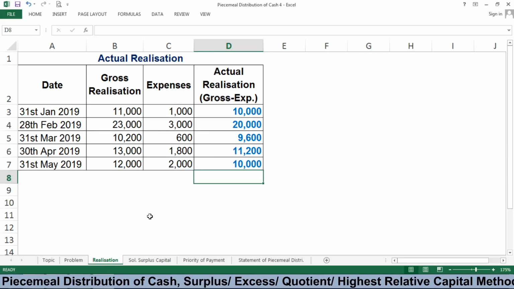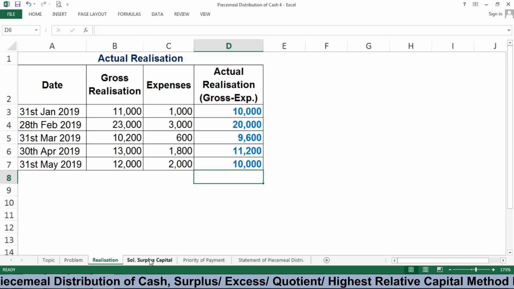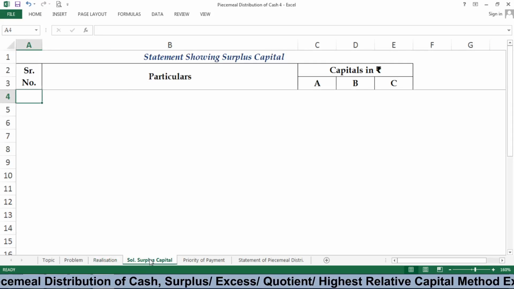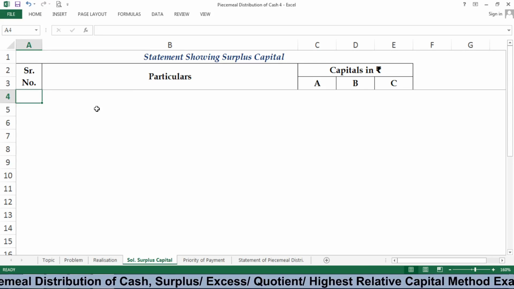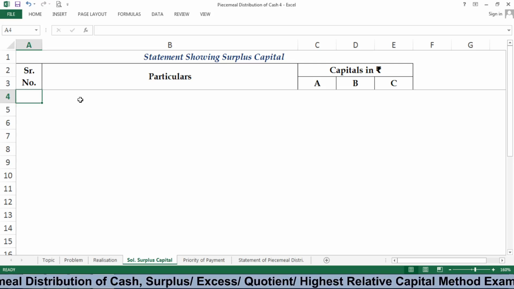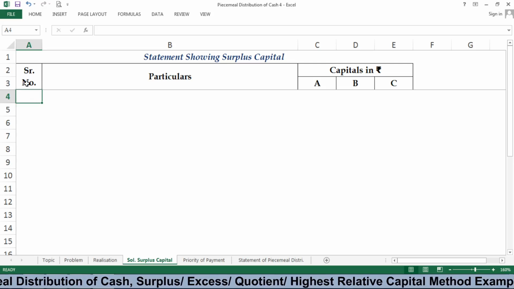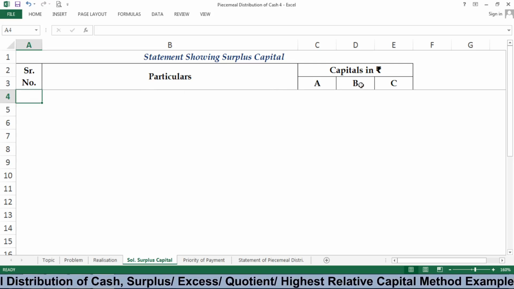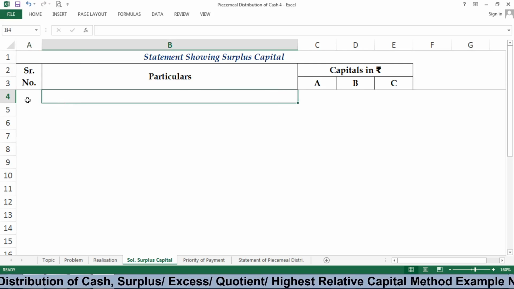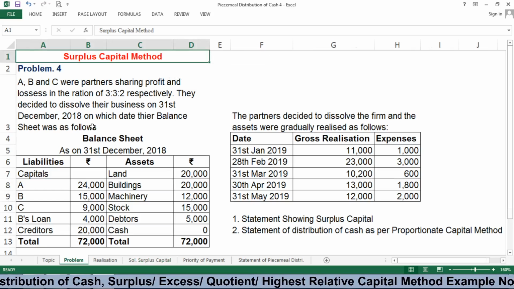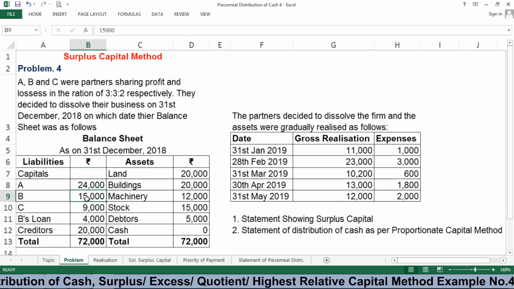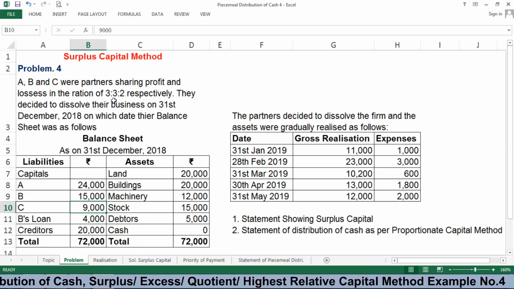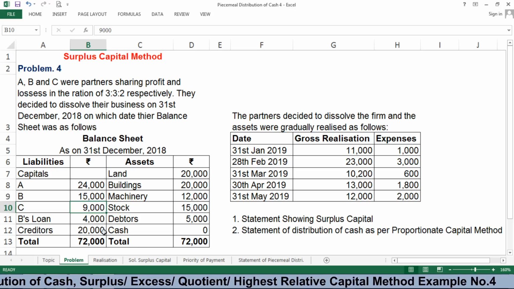After calculating the actual realization, we have to solve the example. For this, we have to calculate the statement of surplus capital. For this, we have to draw 5 columns: serial number, particulars, Mr. A's capital, Mr. B's capital, and Mr. C's capital. On the basis of our example, we have capital of 24,000, 15,000, and 9,000. With this, we have a ratio of 3 is to 3 is to 2.